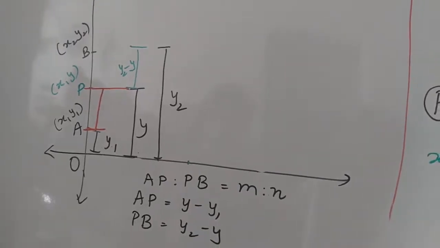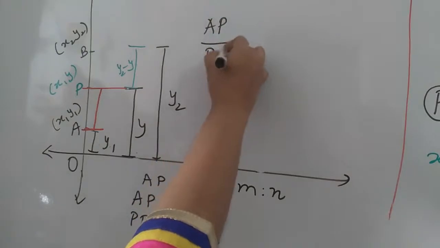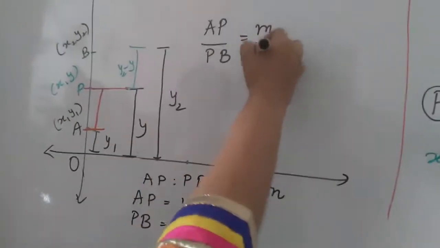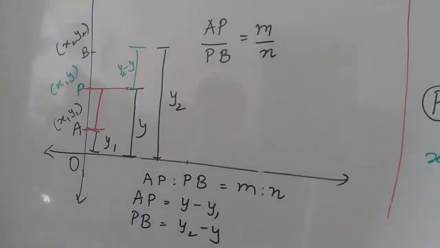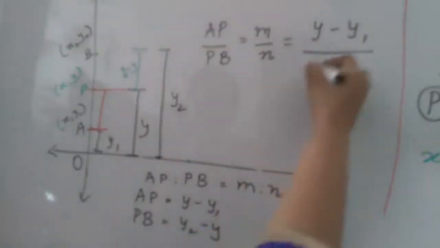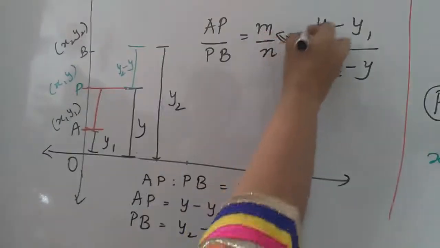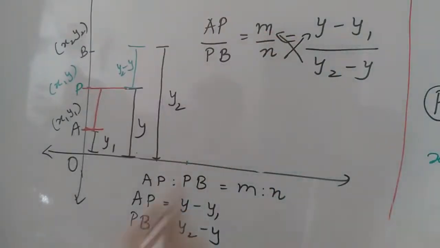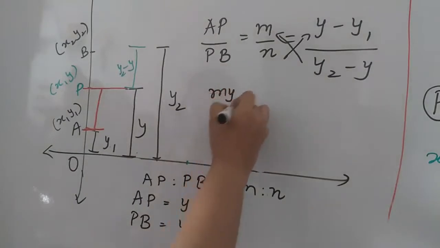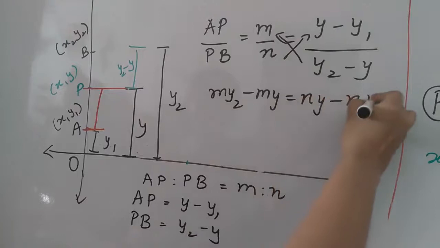Now we take according to our formula AP upon PB is equal to m upon n. This is the ratio we have taken, and AP is y minus y1 and BP is y2 minus y. So accordingly I'll take cross multiplication. So I get here my2 minus my is equal to ny minus ny1.